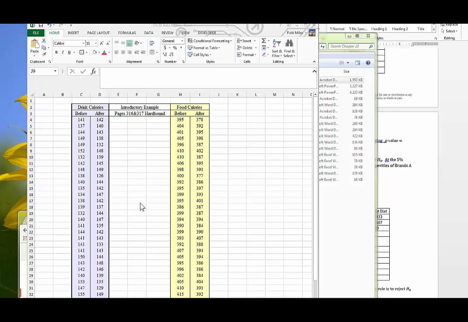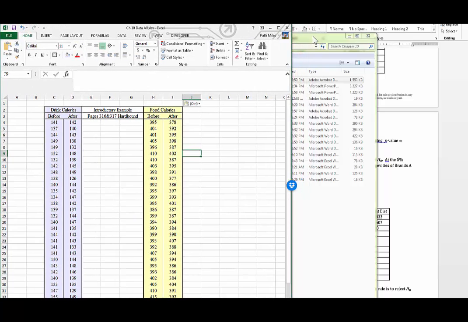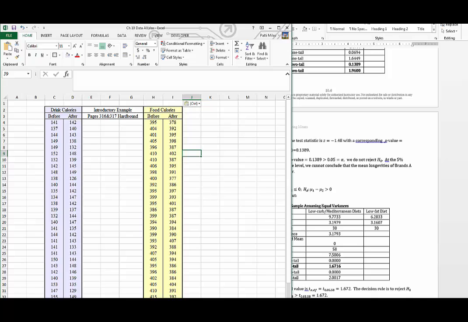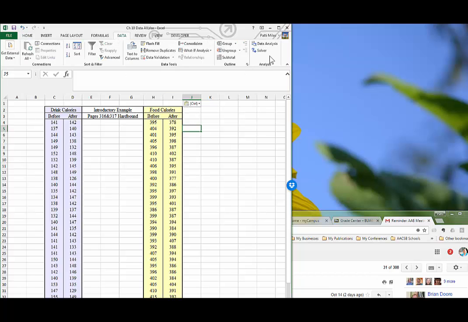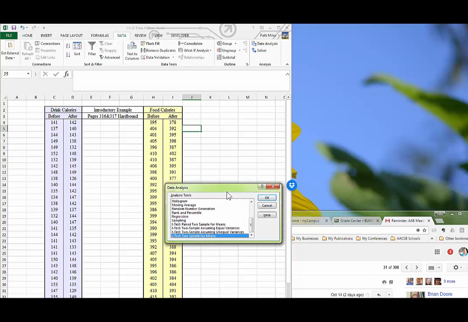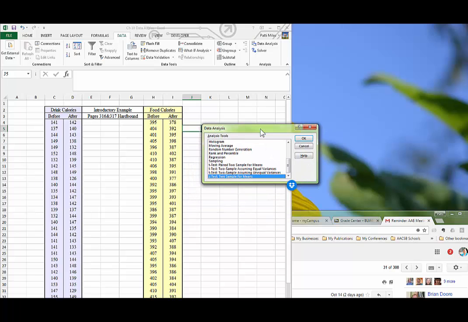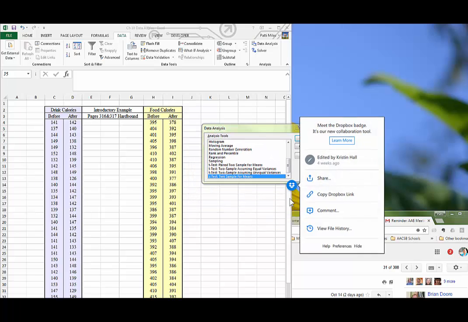So we're going to start out with the food calories, this yellow column, because this one actually turns out to be different, so I thought that would be a better way to do it here. Alright, so I'm going to go up here to data and to data analysis, and I'm going to choose, in this case, t-test.